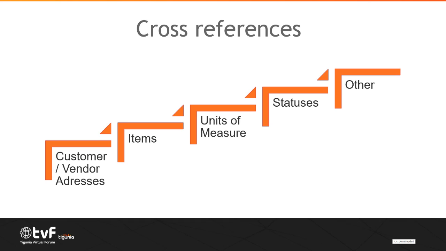You could also have different cross-references for reason codes for different types of transactions. The list goes on, all the types of cross-references that you could have to set up for each of your partners for it to work.